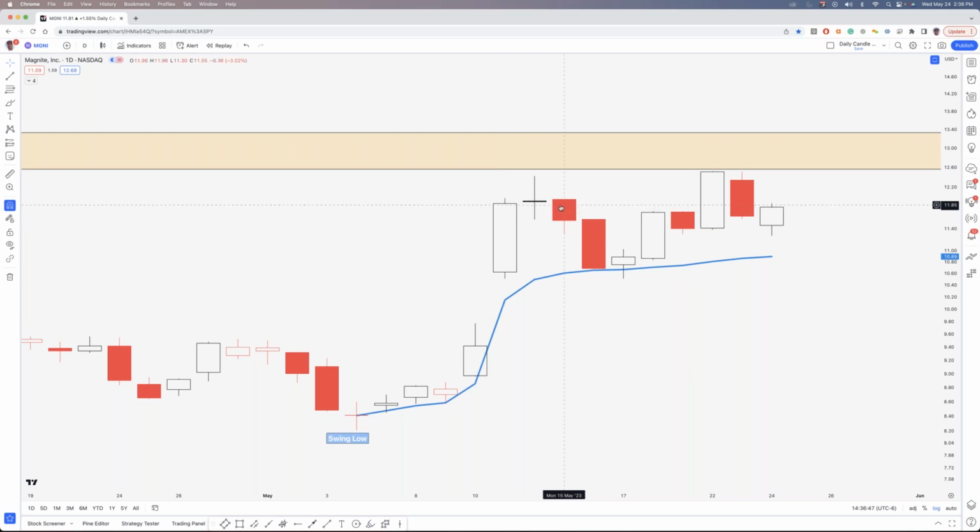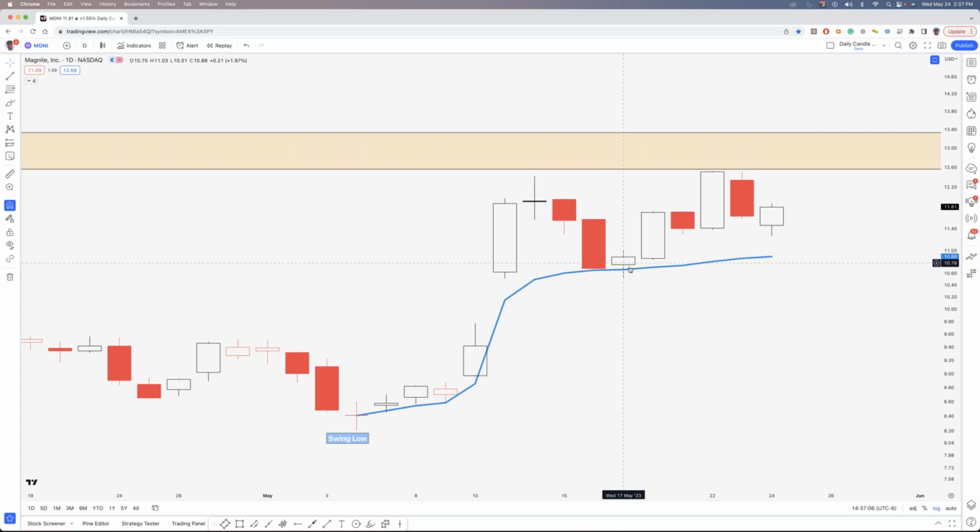I mentioned we're likely going to get a pullback down to this swing low anchored VWAP. We need a decent looking candle to form on the VWAP before this becomes a trade idea. And as long as the daily price does not close below the swing low VWAP, this trade idea becomes valid.